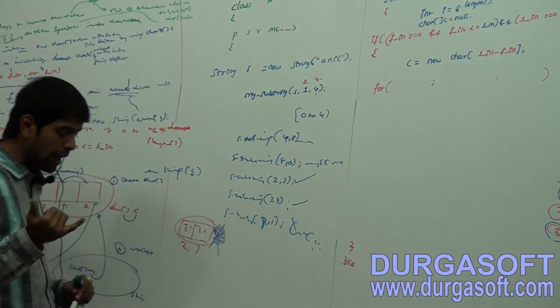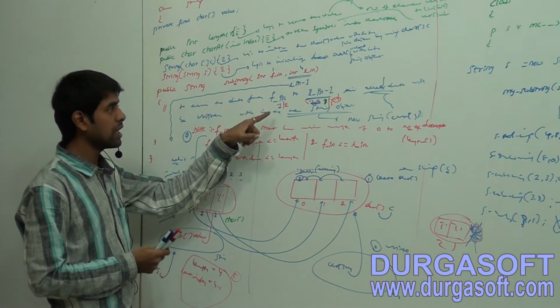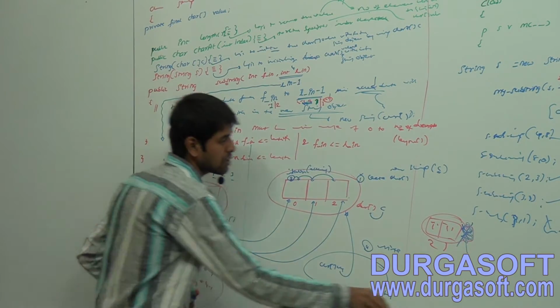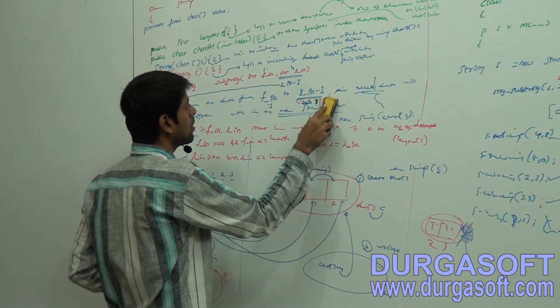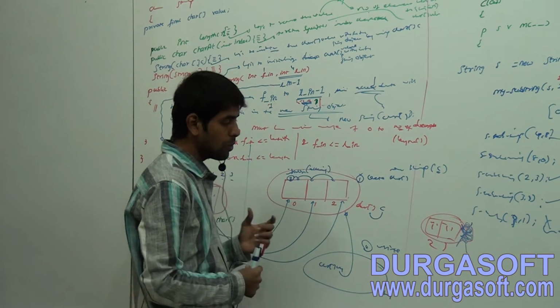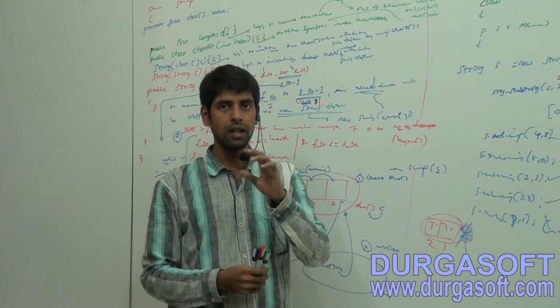I want to access the data from the first index. Yes or no? First index is what? 1, right? First index is 1. Now observe. How to get a specified character data?